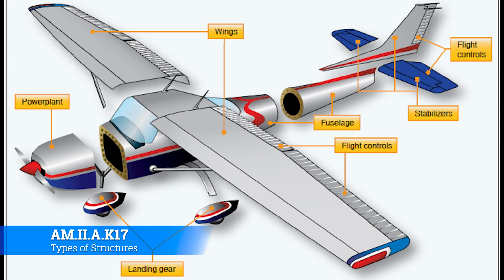Landing gear, it's pretty self-explanatory. It's what the airplane lands on. There's nothing really special about that. From a structure standpoint, so let's back up. The power plant structure, you're going to have engine mounts, and that's going to be a tubular structure that we'll cover in just a little bit. The landing gear, you can have a bunch of different types of landing gear.